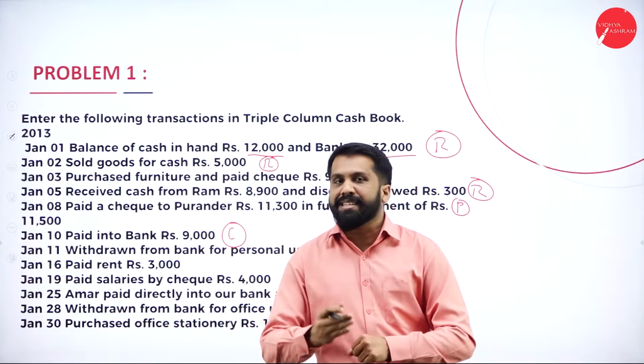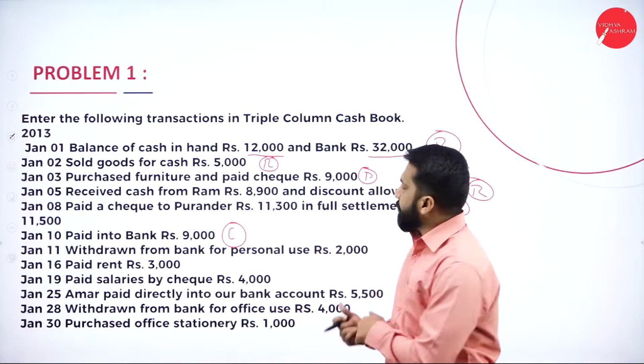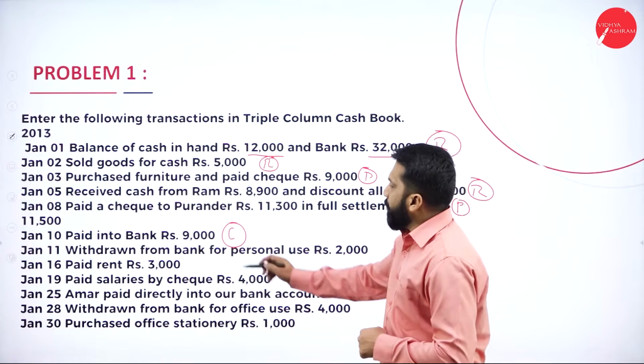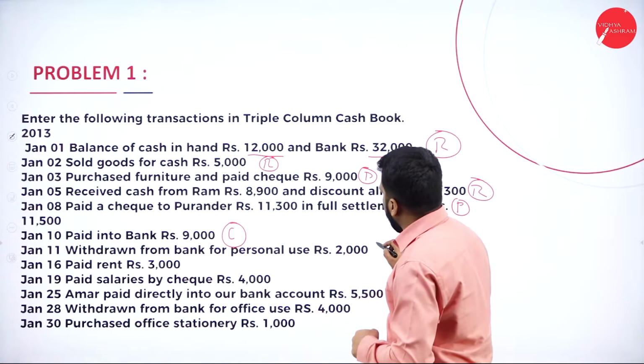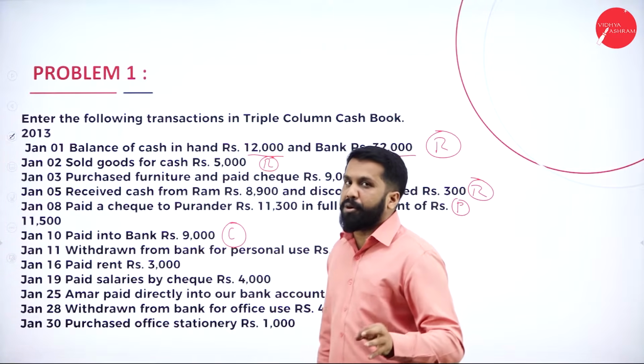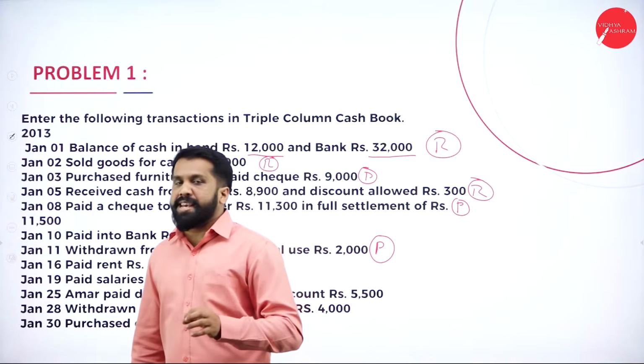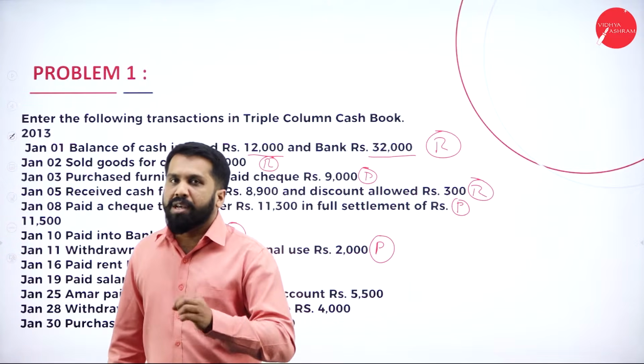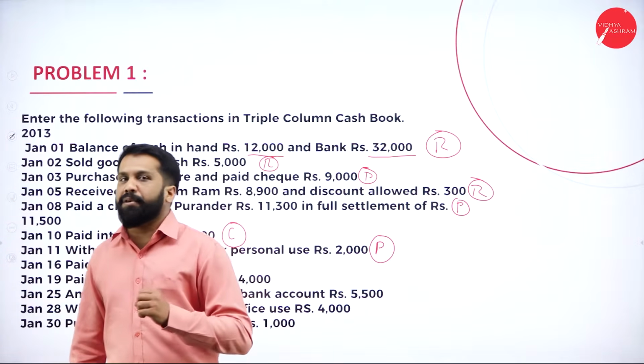We consider these things as contra. Now, withdrawn from bank for personal use. Remember, it is payment and we call it drawings. Anything taken for personal use, we call it drawings.